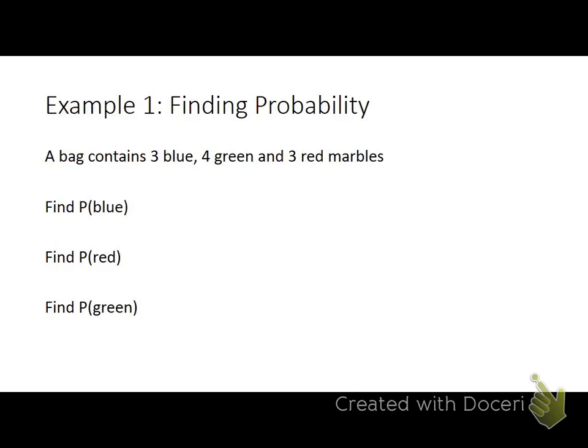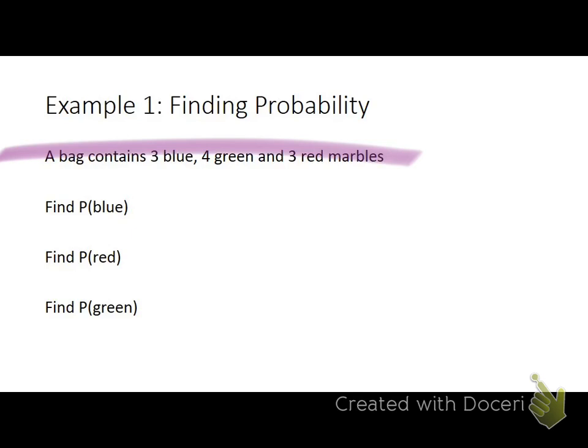All right, so now let's look at example 1. My example says that a bag contains 3 blue, 4 green, and 3 red marbles. Find the probability. Anytime I'm calculating probability, I prefer for your answer to be a percentage. So if I'm finding the probability of blue, what you see in parentheses is my targeted outcome.